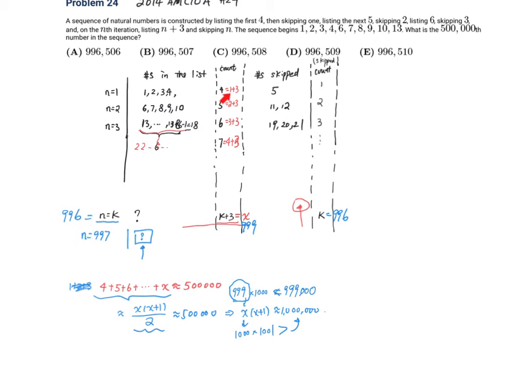We are gonna add all these numbers up to 999, and then add these numbers 1 to 996, and this will give us how many numbers in total before this 997th block. So it's going to be 4 plus 5 plus all the way up to 999, and that's for this list, right?